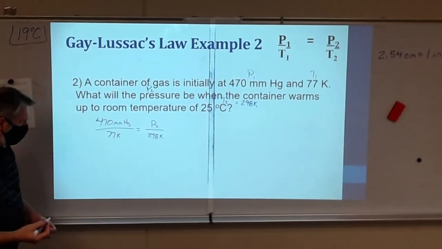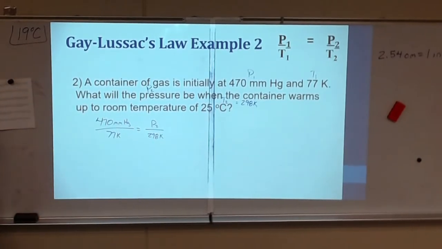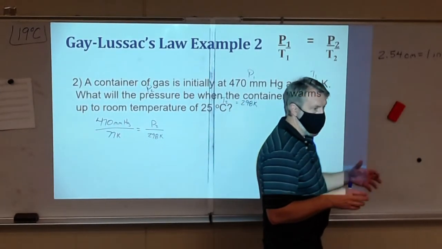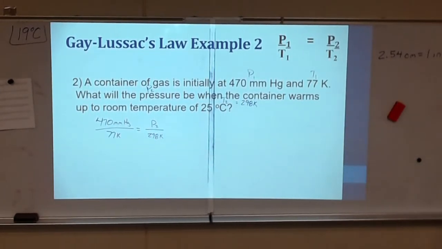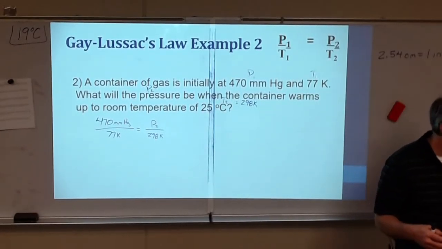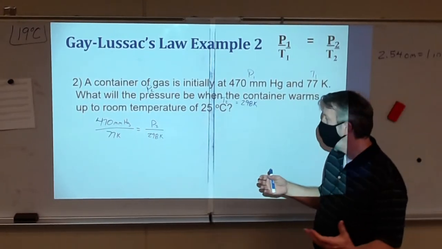Now, just looking at the problem, what happened to the temperature? It increased by a lot, right? I mean, more than 4 times, just as a quick estimation, right? That means I'm going to expect what out of my pressure? Yeah, it's going to increase a lot as well.